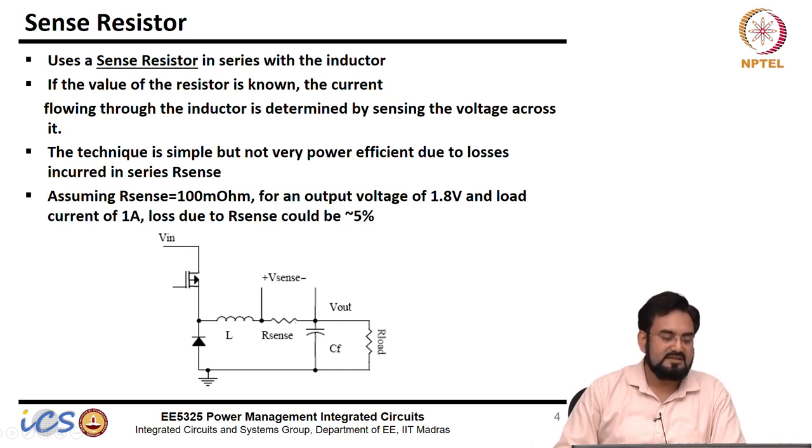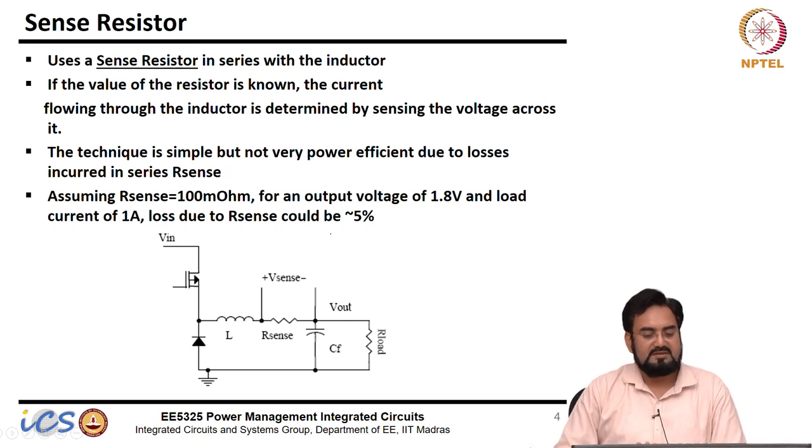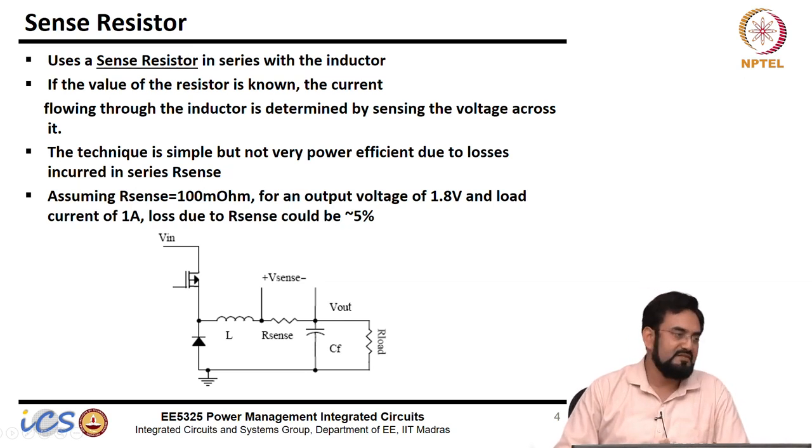But the problem is efficiency. There will be an I squared R loss here. For example, if R sense is 100 milliohm, for an output voltage of 1.8 volt and load current of 1 amp, the loss will be roughly 5% I squared R loss.